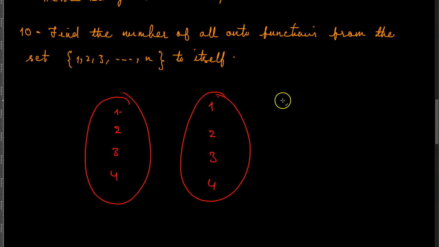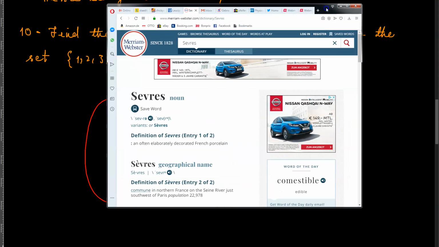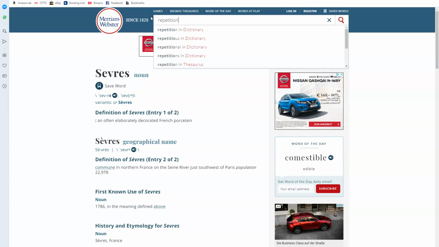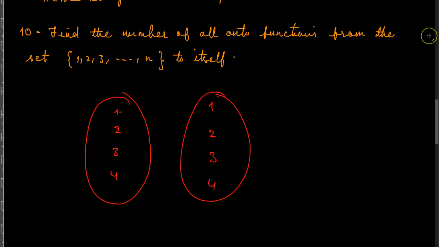Meaning that what that means is that repetition is not allowed.